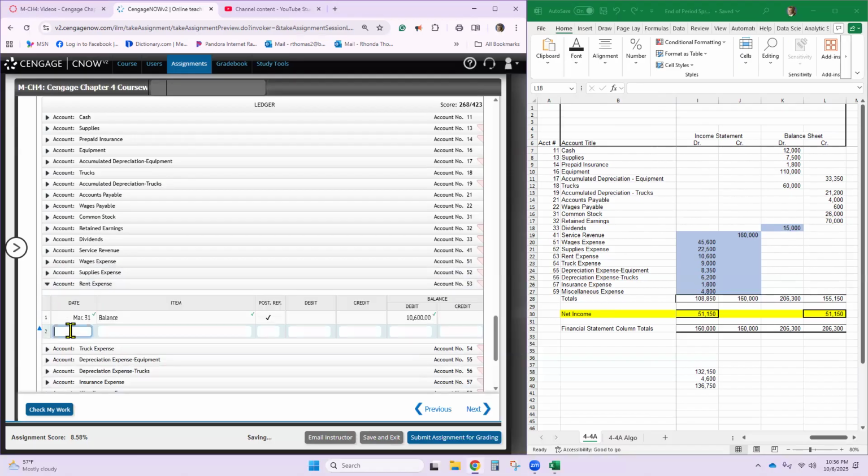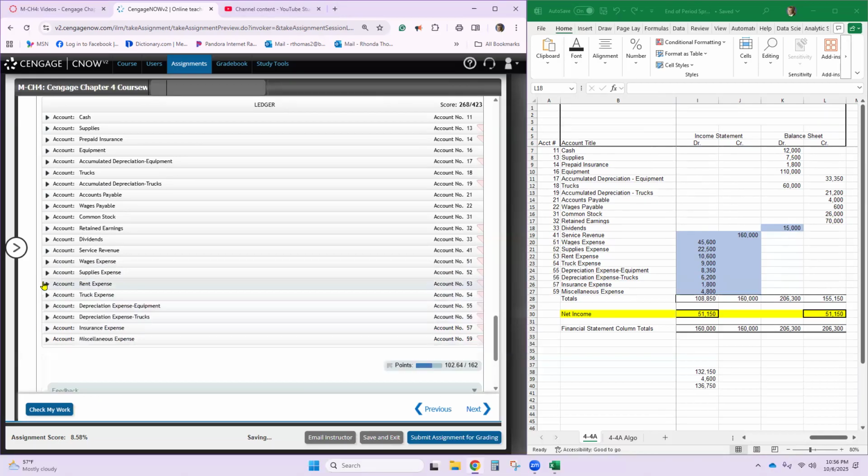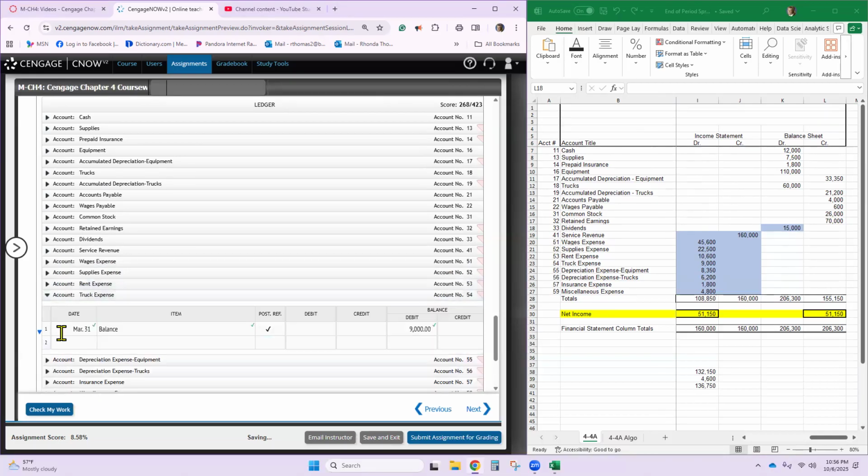Rent expense, March 31st, page 27, 10,600 as a credit against that debit, which is 0. Truck expense, we're going to close it to 0. Page 27, credit is $9,000, leaving 0.